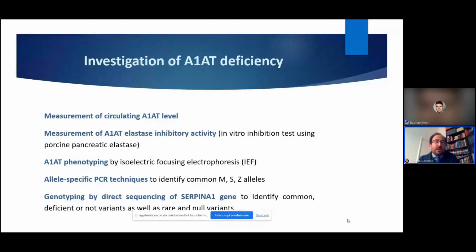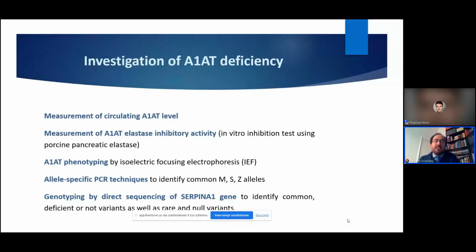Then we can also try to perform the phenotyping by using isoelectric focusing electrophoresis. This is something I would like to talk about. I hope I won't upset you about that. I'm just a clinician talking about such things, but I think it could be important for you to share some information about this.